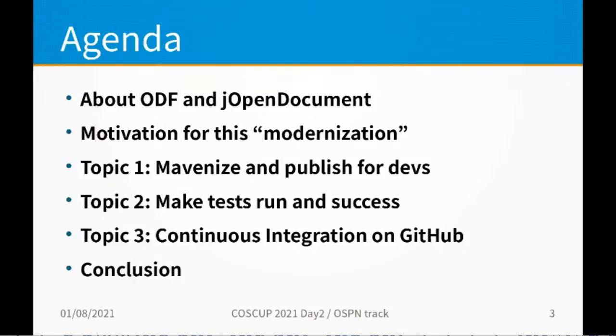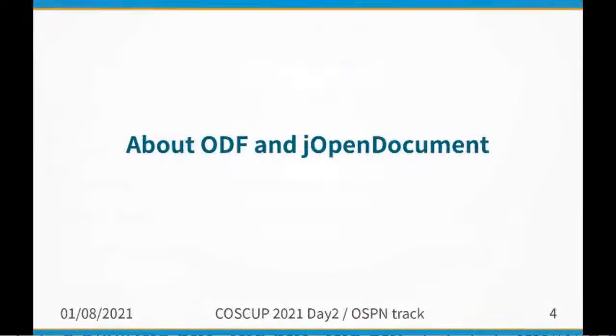One is Mavenization, Maven rights, and publishing for new libraries. Second topic is making tests run and succeed. Third one is continuous integration on the GitHub project. Last one is the conclusion. Okay, go ahead.